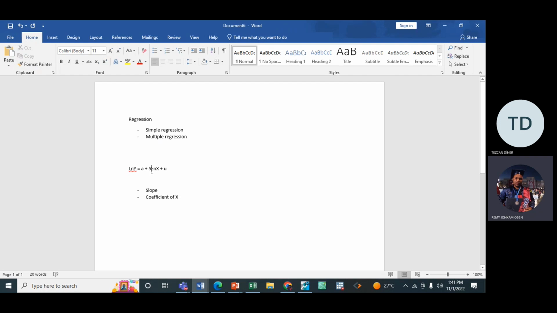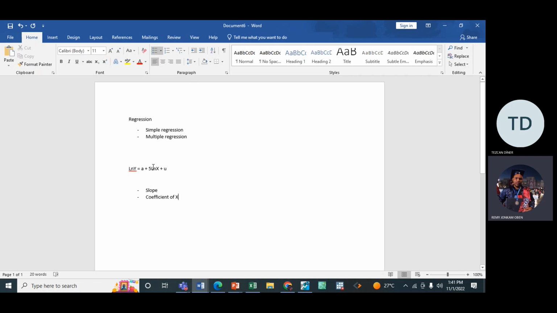So actually here was b, but if I put 5 there, what does it mean? It means 1% increase in x will cause 5% increase in y, right? And I'm using percentage on both sides because it is log. I've explained all of this, so you need to know what the coefficient is. So that is what simple regression is all about.